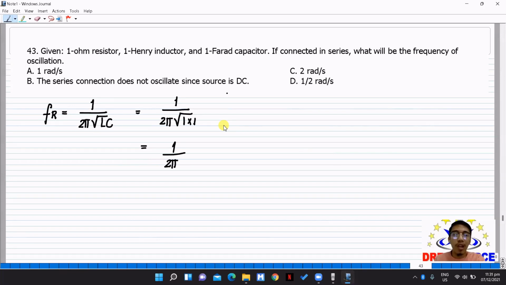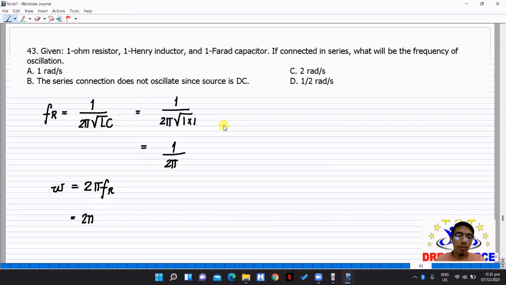So siguro, to-troubleshoot na lang natin itong problem. Ano kayang hanapin natin? Hanapin natin yung angular velocity omega. So ang angular velocity is defined as 2 pi f. Yung f natin dito is the resonant frequency.